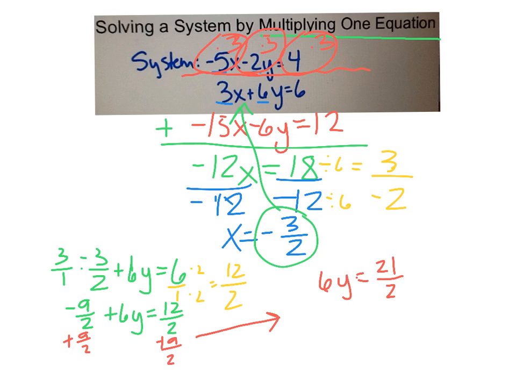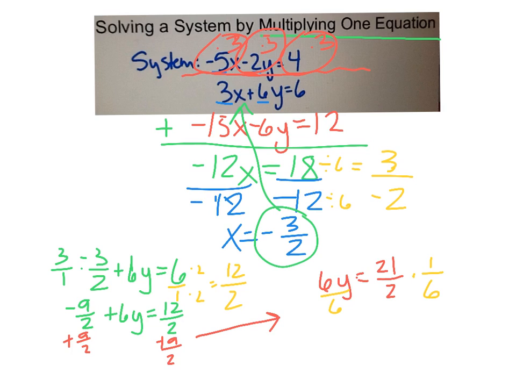And then we need to divide by 6. And dividing by 6 is the same as multiplying by the reciprocal, because it's fractions here. So I'm actually going to multiply times 1/6. Okay, because dividing by 6 is the same as multiplying by 1/6.